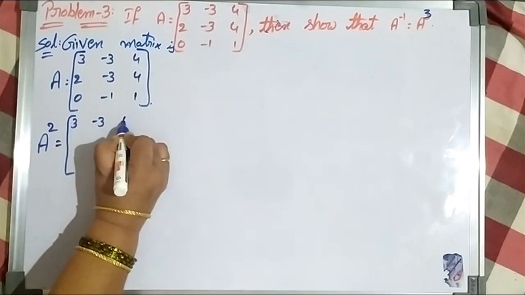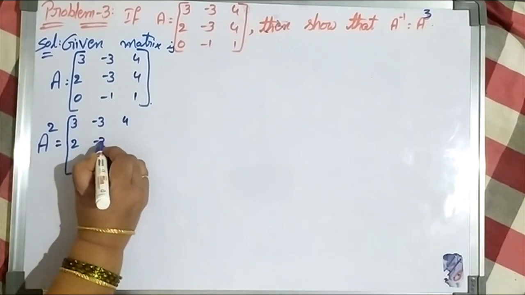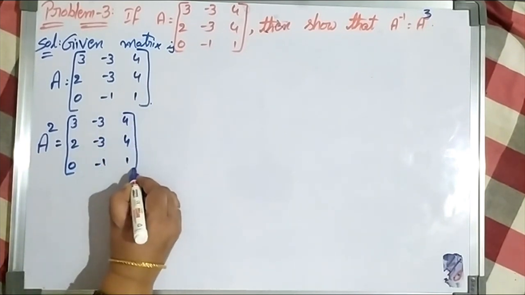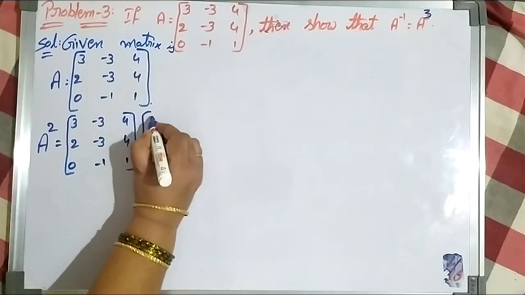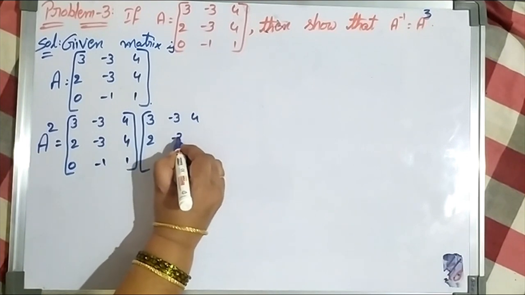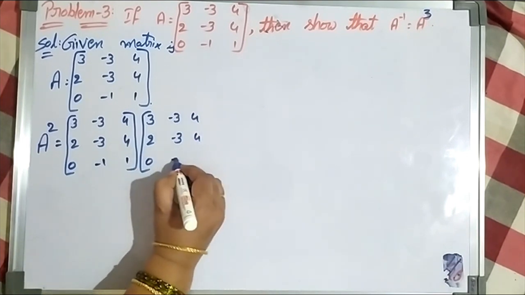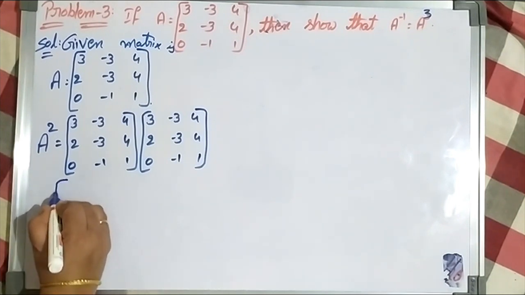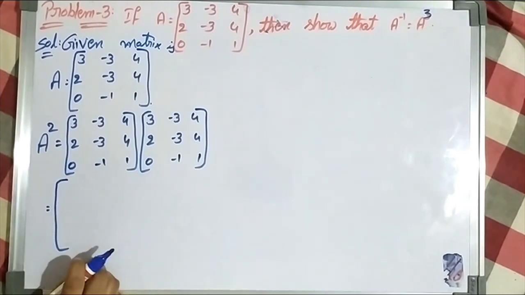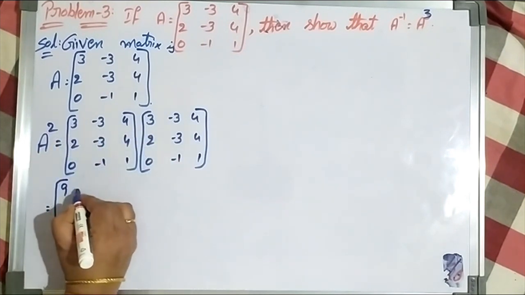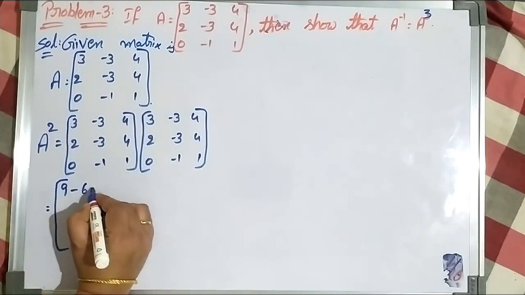A square equals [3, -3, 4; 2, -3, 4; 0, -1, 1] into again A, [3, -3, 4; 2, -3, 4; 0, -1, 1]. Then we multiply these two matrices. First row, first column: 3 3s are 9, minus 3 2s are 6, plus 0.